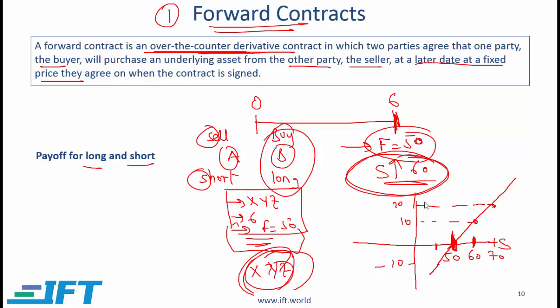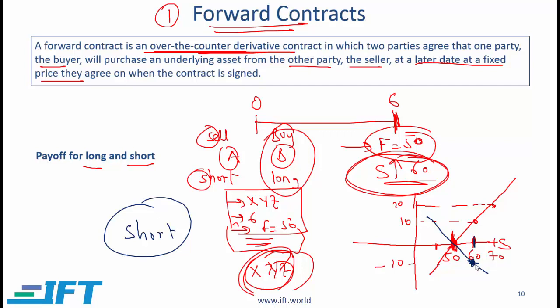What about the payoff for the short party? And I'll do this in a different color. So let's do the short party in blue. The payoff for the short party is going to be exactly the opposite. If the stock price is at 60, the short party makes a loss of 10 because the short party has to sell for 50 an underlying asset that is worth 60.